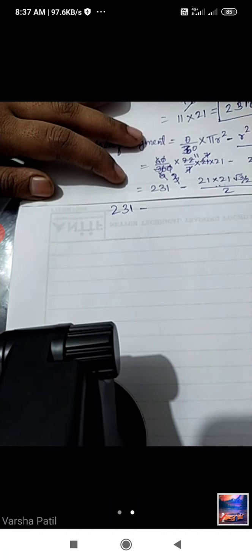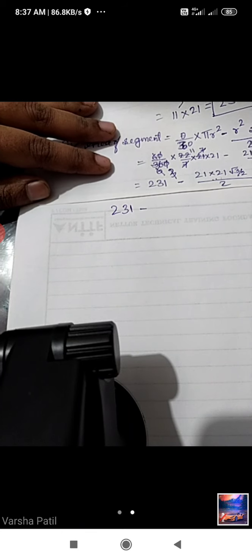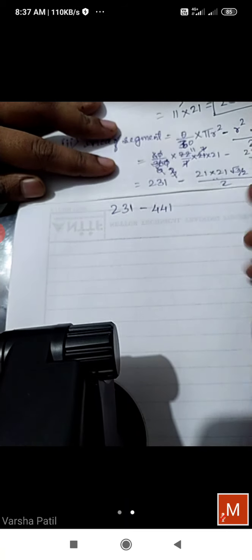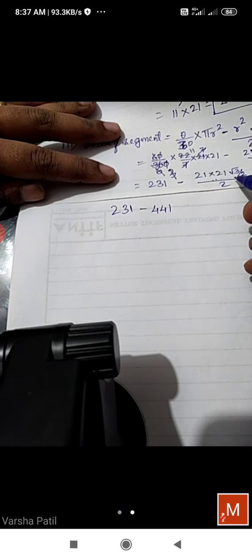See here, I'm just writing 231 as it is, I'm keeping 231 minus 21 into 21, that is 21 square, is? Yes, 441, and root 3 by 2 and down again denominator is 2. So what happens?